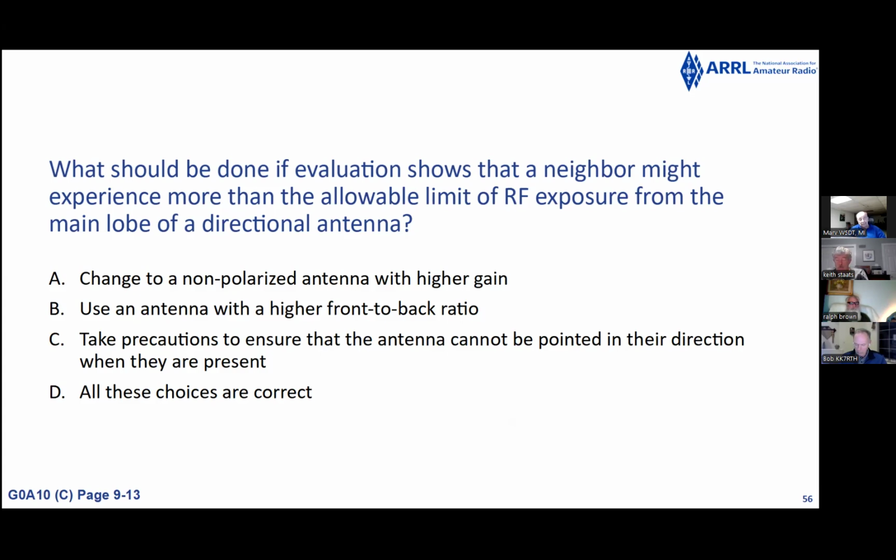But I could see, if somebody had a tall structure right next to you, or if, for example, you lived on a hillside, or somebody lived on a hillside behind you, yeah, it could be a problem under those circumstances.